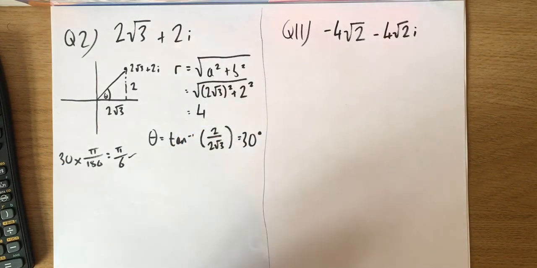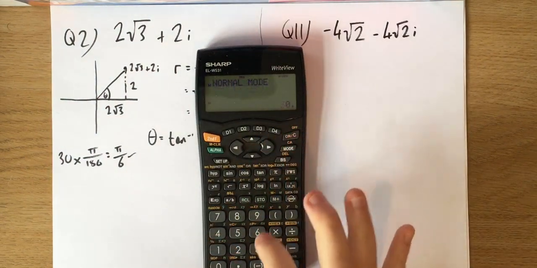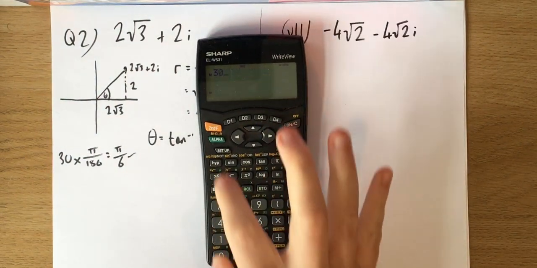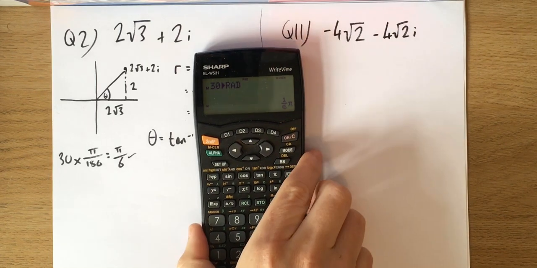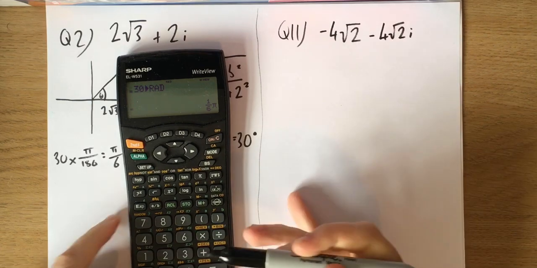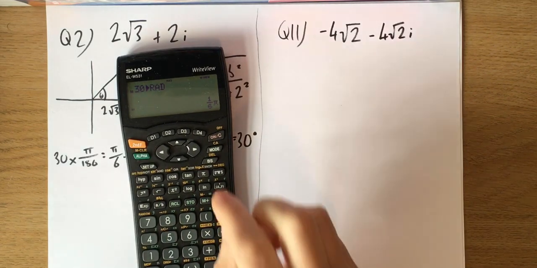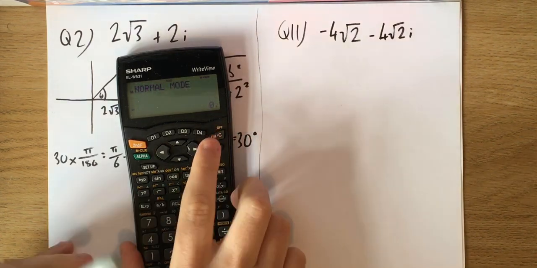Other ways we could do it. The calculator will convert between degrees and radians for you. So 30, second function, the decimal there, and you should see that it's 1 over 6 pi, so the calculator will give you the same answer, pi over 6. Alternatively, we could just do the question in radians.